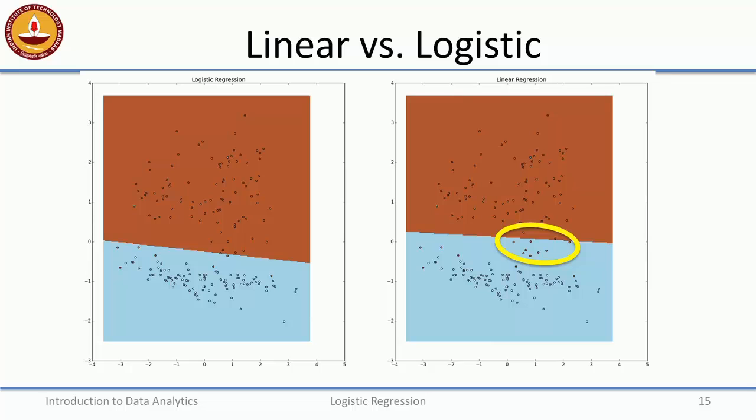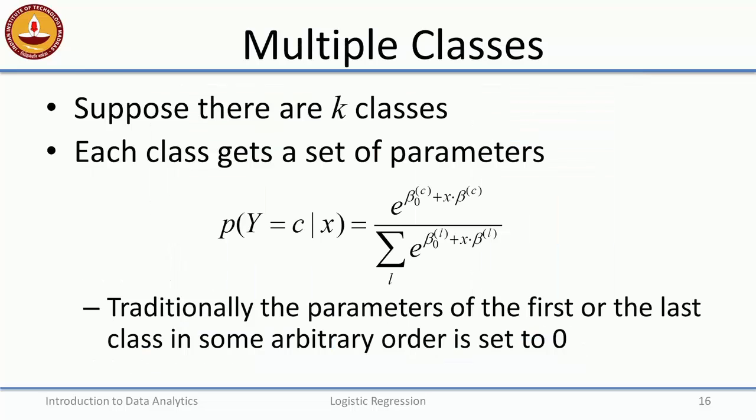So far, I have been talking about binary classification problems because they are easier to illustrate and to understand the basics behind. But logistic regression can be extended to multiple classes as well. Suppose there are k classes, then each class gets a different set of parameters beta naught and beta for that specific class.